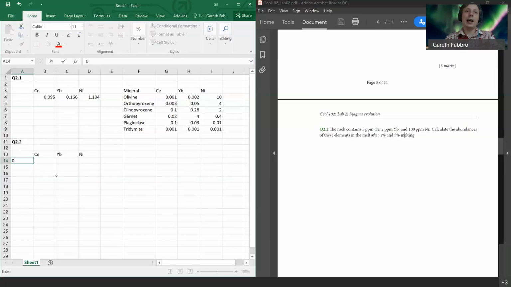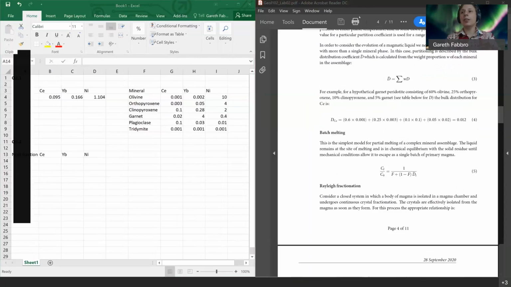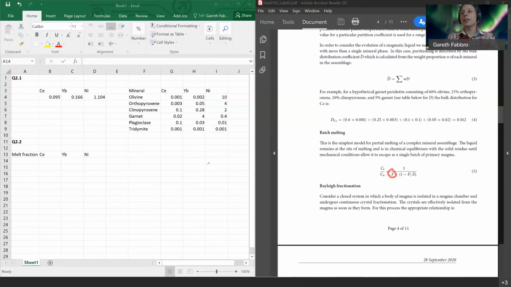And the equation you're going to be using is batch melting here. It's the same for Rayleigh fractionation. So remember that you have this F, and this F is the melt fraction. So this again is 0 to 1, not a percent.